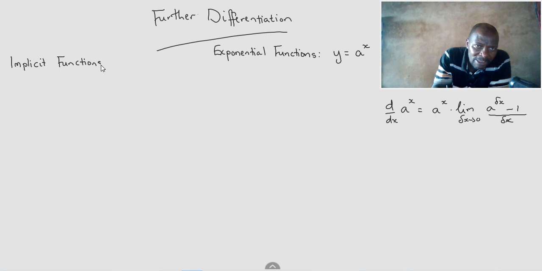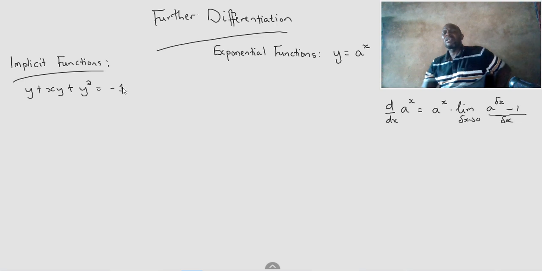Therefore, implicit derivation. What do we mean here? Let's take y plus xy plus y squared is equal to minus 1. That's our function.